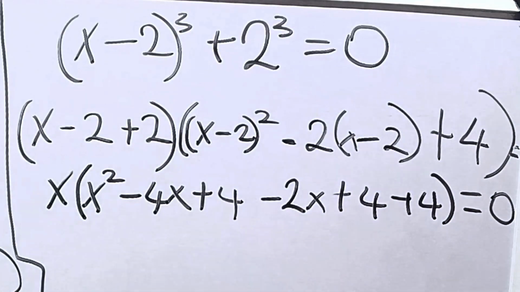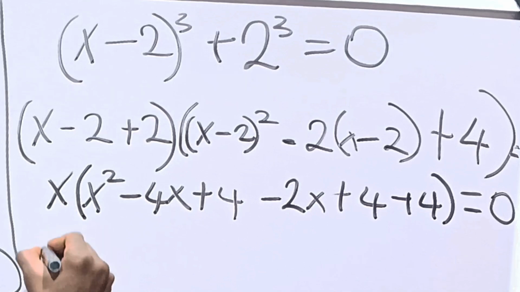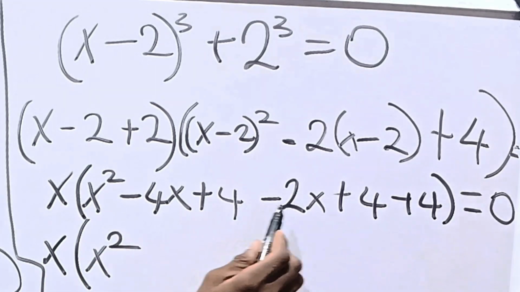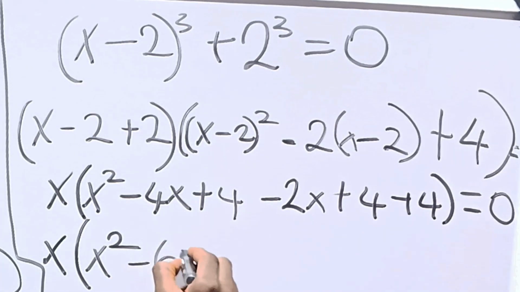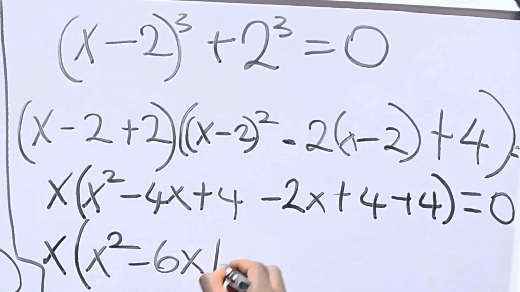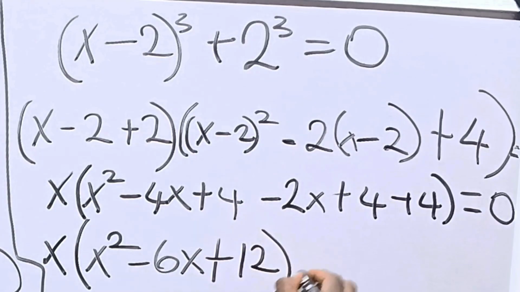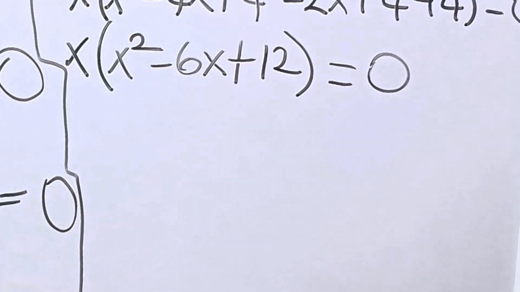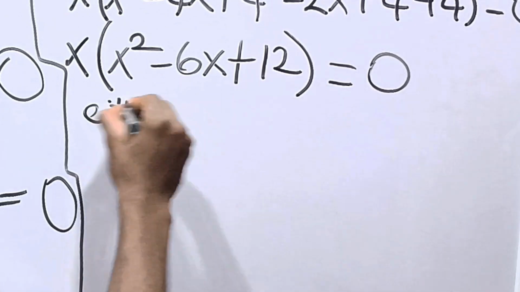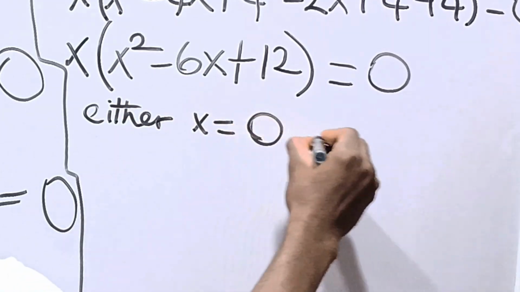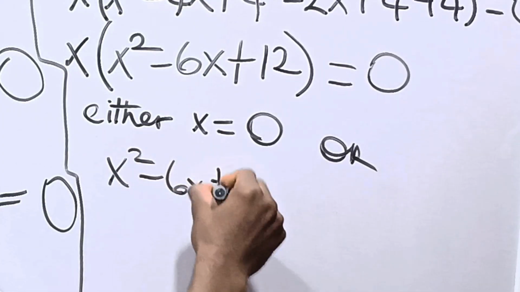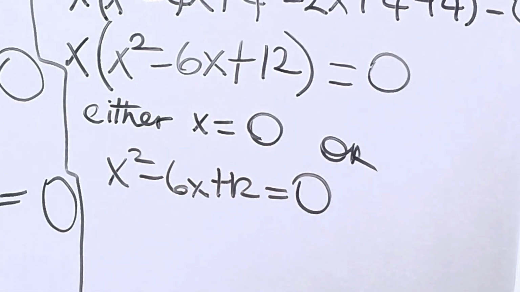Okay, now from here we can say that x into (x^2 − 4x − 2x is −6x, 4 plus 4 is 8 plus 4 is 12). Now at this point we can have two answers. We can say that it's either x is equal to 0 or x^2 − 6x + 12 is equal to 0.